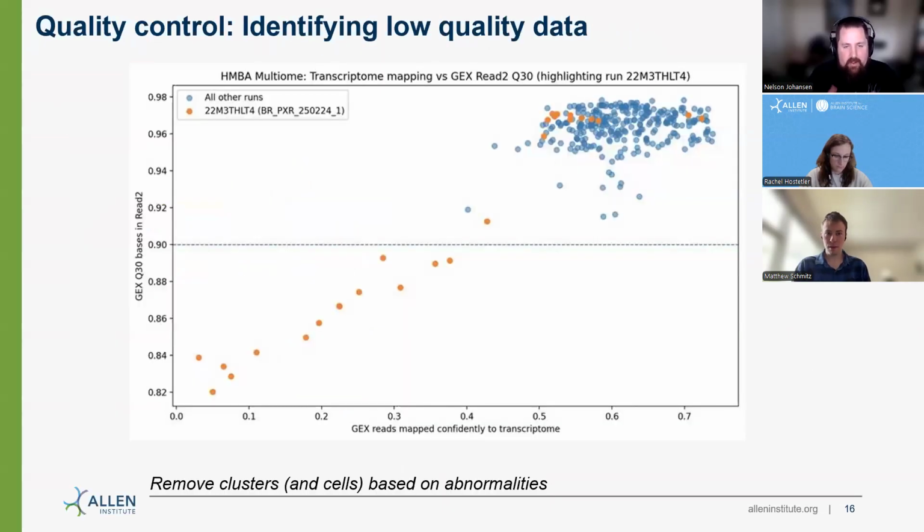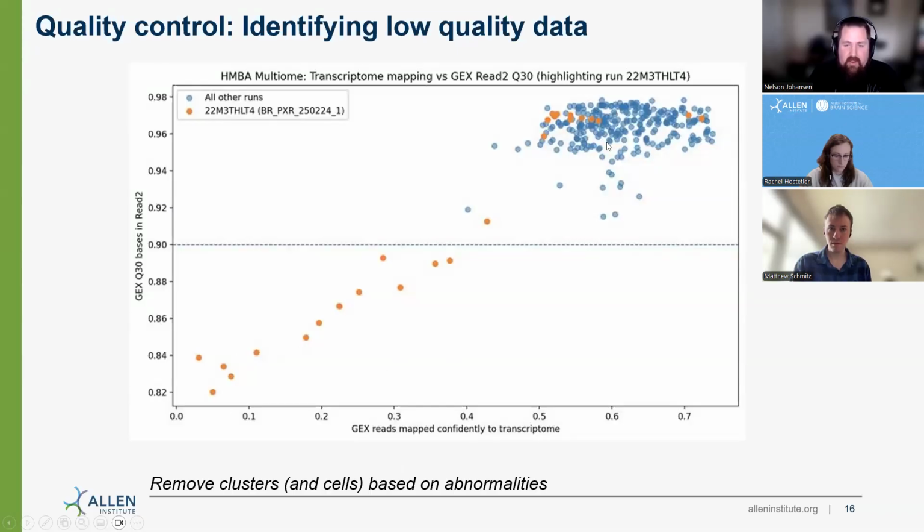This is a pretty drawn out process with quality control. There are many, many things you can look at. Showing here another example of the bases aligned, and how well the alignment is doing, and how well the reads are mapping the transcriptome.